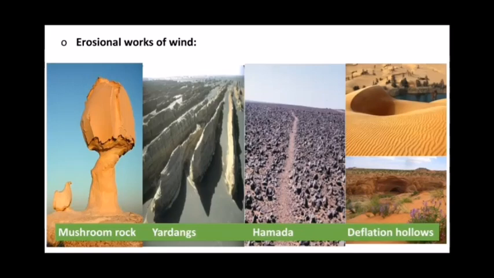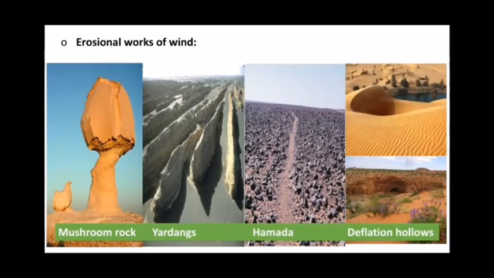In yardangs, when the wind blows, the soft rocks are all eroded. You can see in the corner, it looks very thin. Earlier when there was no erosion, it was more thick. But now because there is erosion of the soft rocks, the yardangs look thinner.